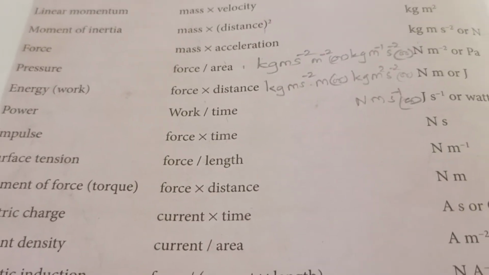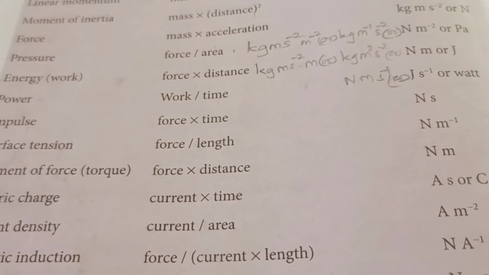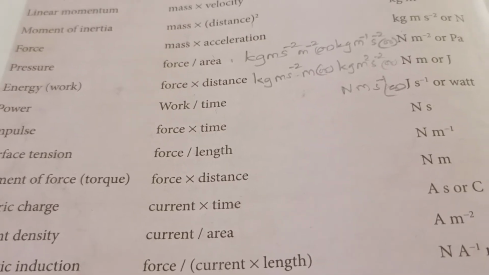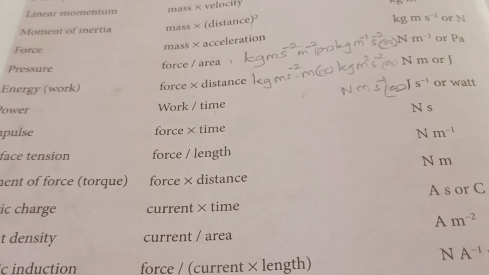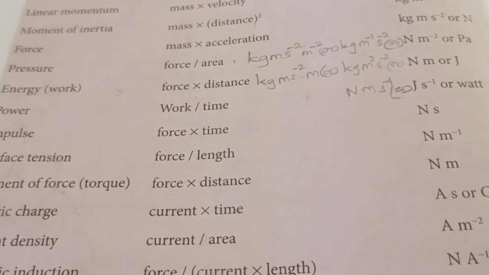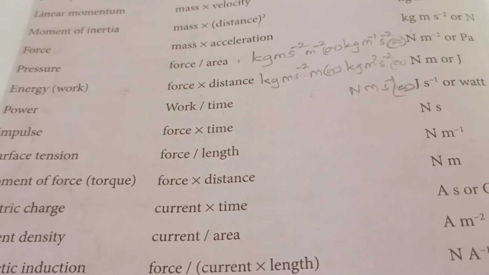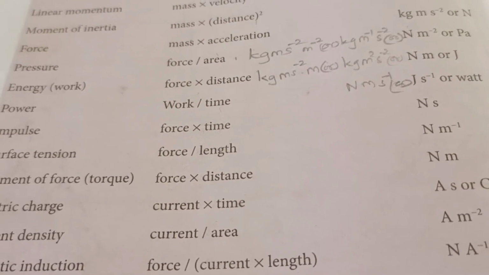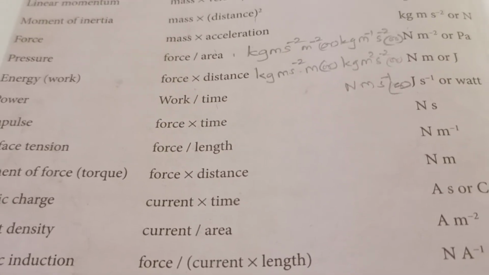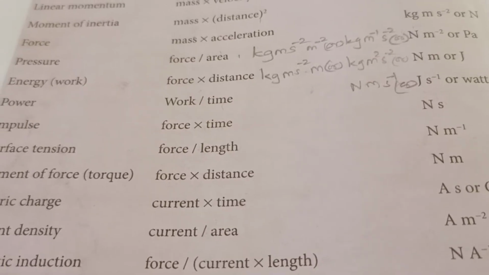Impulse: force into time, Newton second. Surface tension: force by length, Newton meter power minus 1. Moment of force: force into distance, so Newton meter. Electric charge: current into time. Current you measure in ampere, so charge is equal to current into time, measured in coulomb.